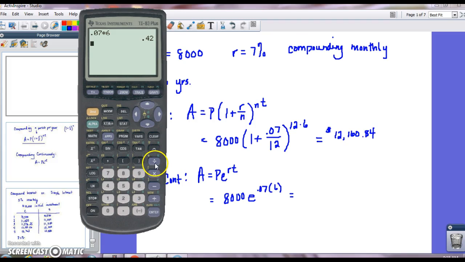So E is right above your division sign. So if I do second E, and then I raise that to the 0.42 power, and then I multiply that by 8,000, that gives me $12,175.69.